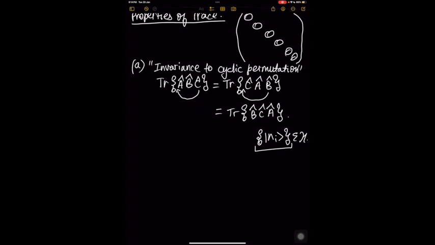So now let's take the trace of ABC, which in this n sub i basis would be the sum over n sub i of bra n sub i, A hat, B hat, C hat, ket n sub i.